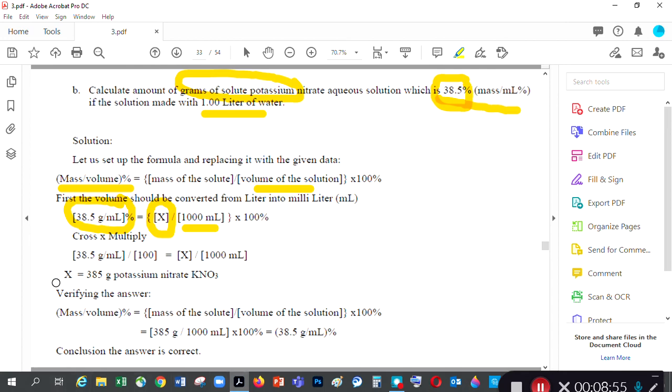You work it out, then solve for X, correct? Yes, solve for X. And X will be 385 grams of potassium nitrate.